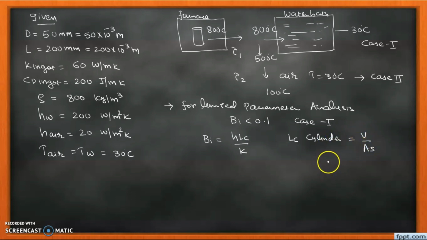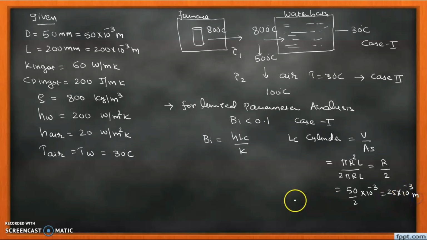The volume of the cylinder is pi r square into L, and the surface area of the cylinder is 2 pi r into L. So we get r by 2, that is 50 divided by 2 into 10 to the power minus 3, so we get 25 into 10 to the power minus 3 meters.